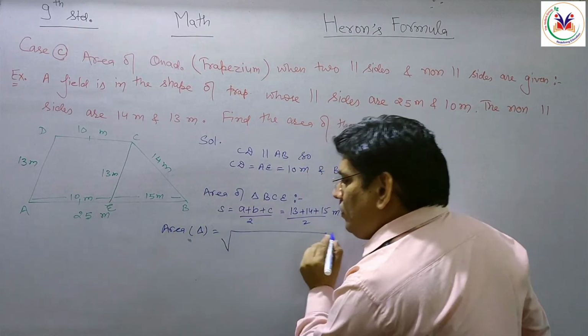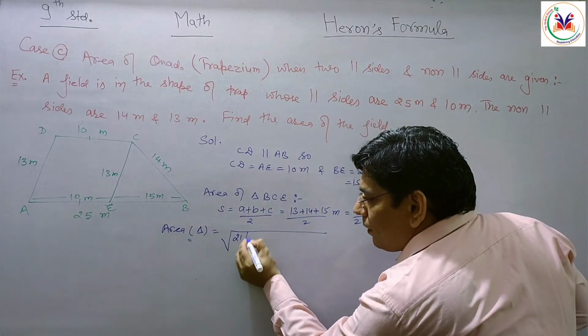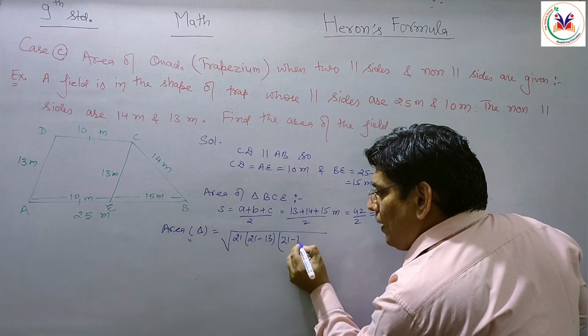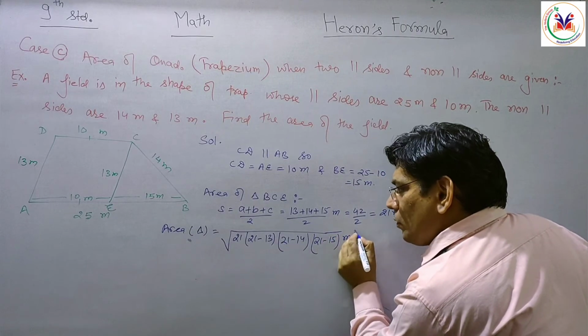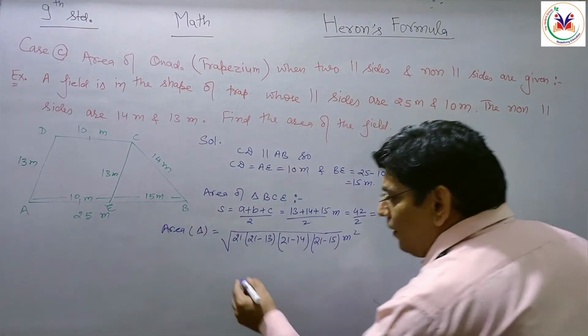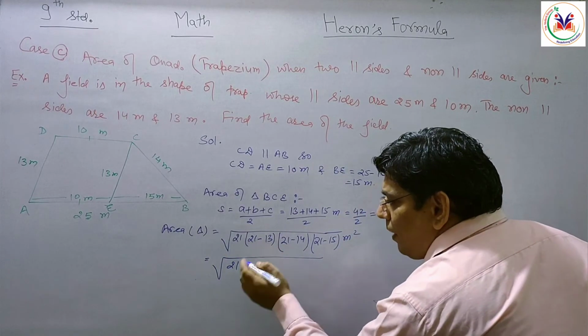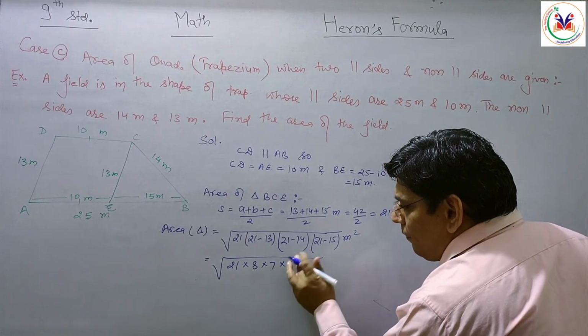See, I'm using Heron's formula directly: root of 21 into (21 minus 13), (21 minus 14) and (21 minus 15) meter square. What do we get in that situation? We just get 21 as it is. 21 minus 13 will be 8, 21 minus 14 is 7, and that will be 6.